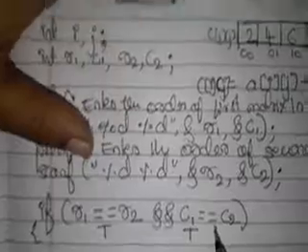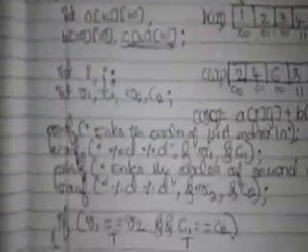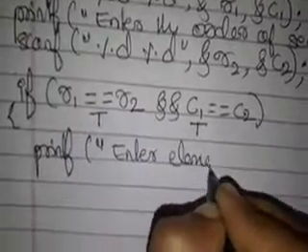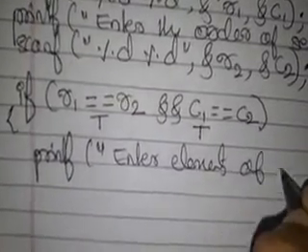If both are true, and in my example both are true, because R1 is 2, R2 is 2, C1 is 2 and C2 is 2, I will be going inside. Once I go inside, I should ask the user to enter the elements of the first matrix. That's why: enter elements of first matrix.